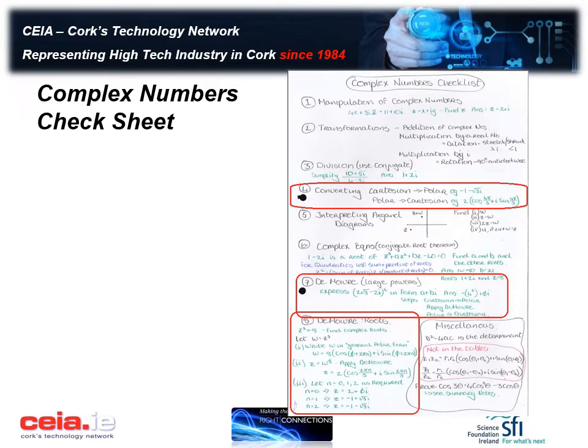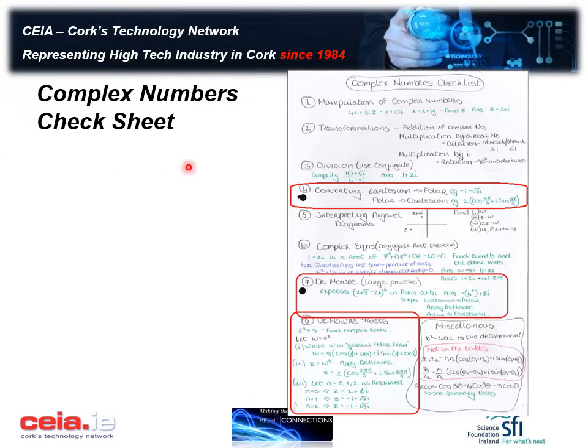I had also prepared a check sheet for the complex numbers topic. And remember, we saw the idea of a check sheet in the last section for the unit circle. Basically, check sheets are a list of tasks or sample questions that I can pull out from time to time, attempt the questions, and hopefully verify that I still understand how to do these specific core tasks or questions in the topic.